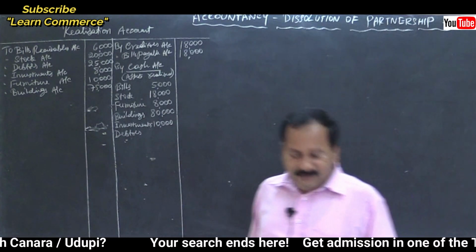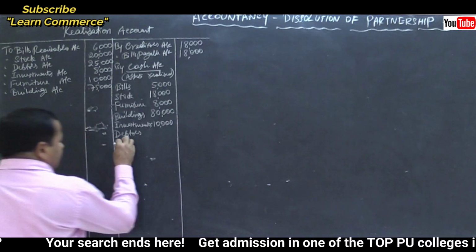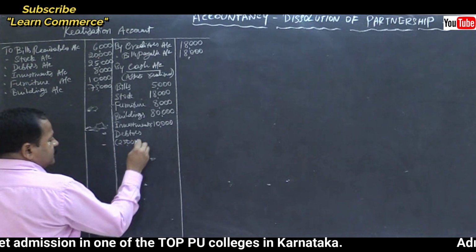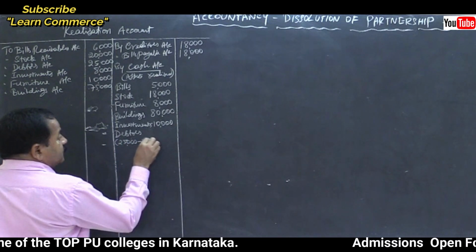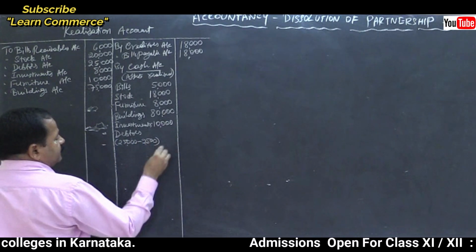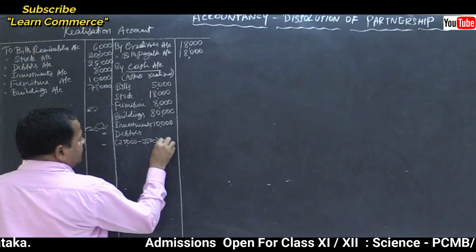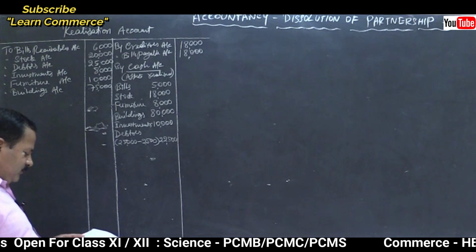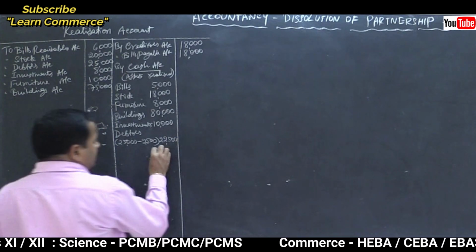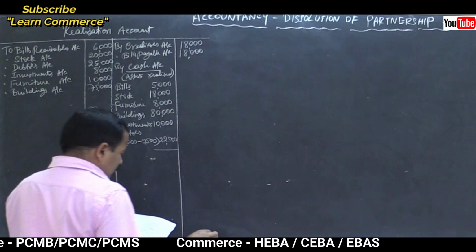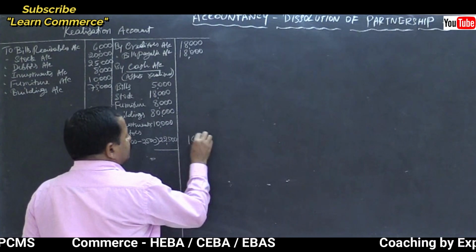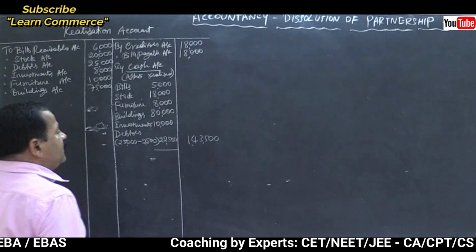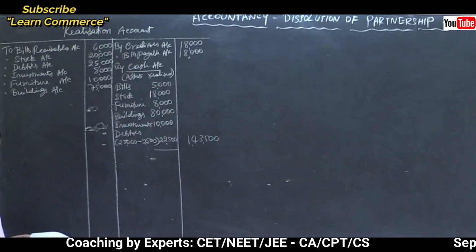Debtors rupees 2,500 proved to be bad. So write within bracket 25,000 minus 2,500. That is bad. So 22,500 is the net amount. That's all. Write the total of this 1,43,500. Then let us move on to the next part.